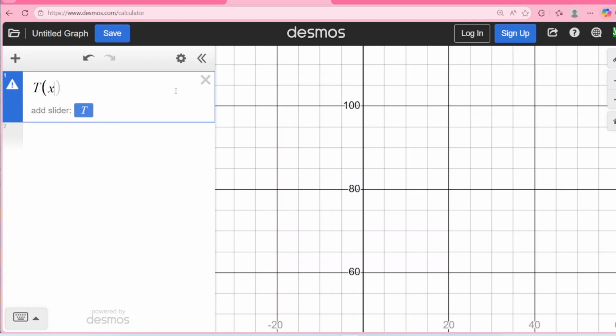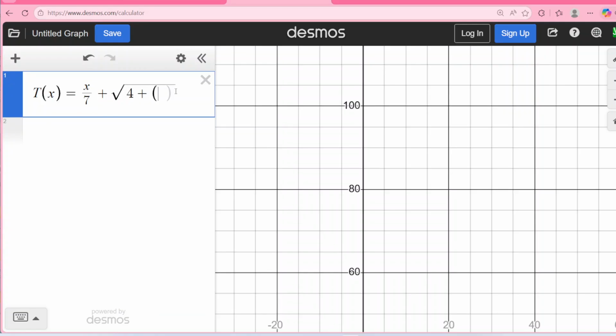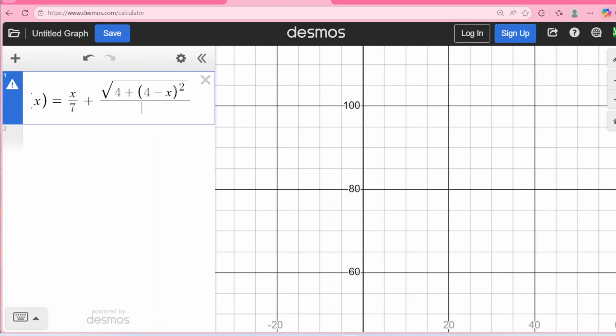So time in terms of x here, again, x, that was the walk distance divided by the walk speed for the walk time, x divided by 7, plus, and then you got square root of 4 plus this 4 minus x squared quantity. That was the swim distance divided by the swim speed, which is now 6 kilometers per hour for the swim time.